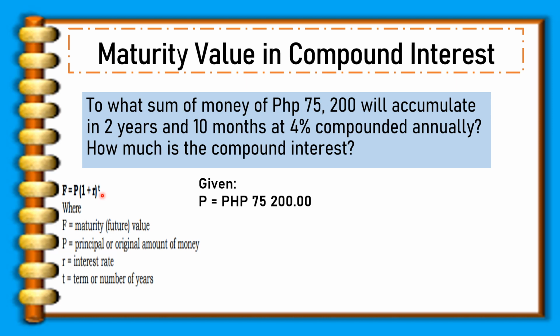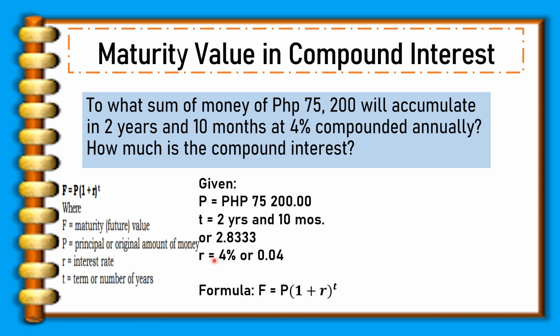Here are the given. Principal amount of 75,200. Term or time of 2 years and 10 months, which is equivalent to 2.8333. I just avoid using a fractional exponent, so I express that in decimal form. Rate of 4%, or in decimal, 0.04. The formula to be used is the same as this one.